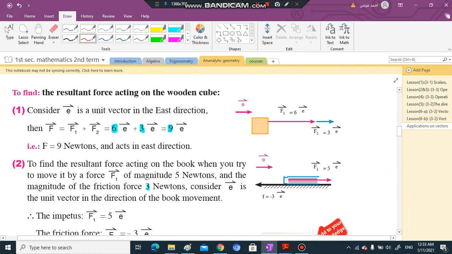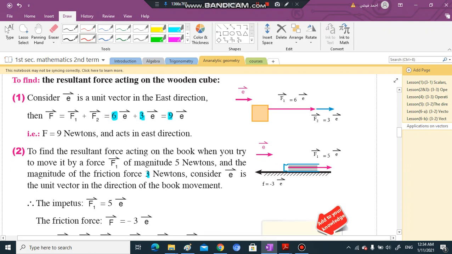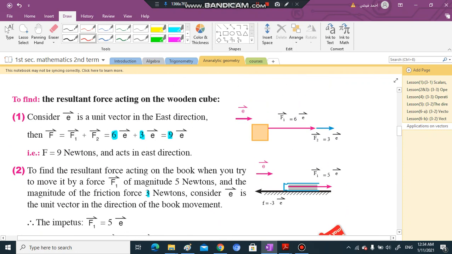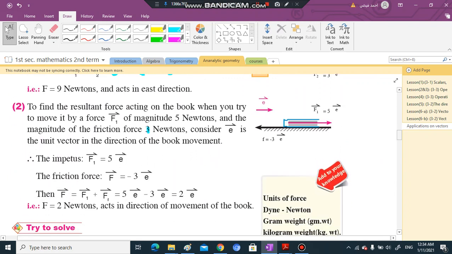So we have F1 equal 5E and F2, the friction force, equal negative 3E, because the friction force is in the opposite direction of E. So the force acting on the book will be 5 minus 3, so 2E. It means we have 2 newtons acting in the direction of movement of the book.